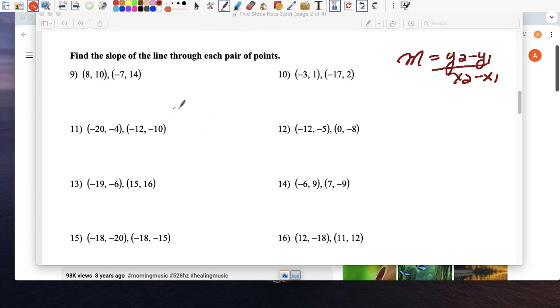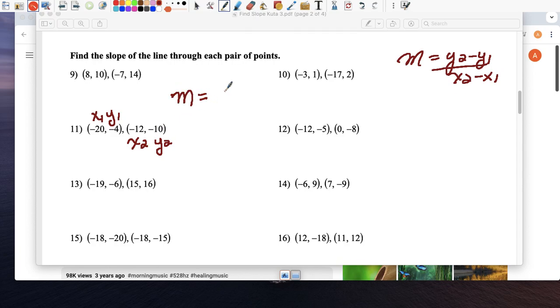Number 11. Again, x and y. This will be my x1, y1. This would be my x2, y2. Plug it in.